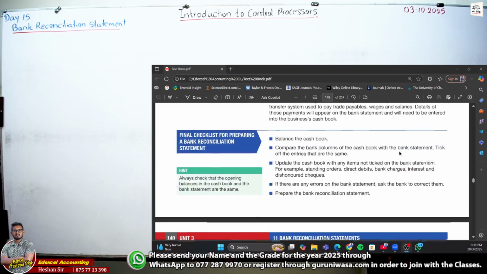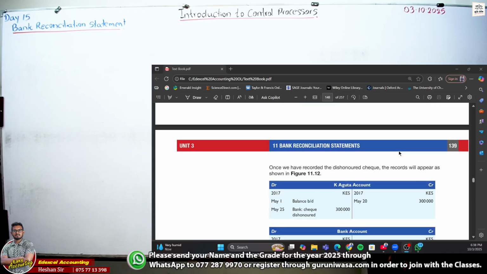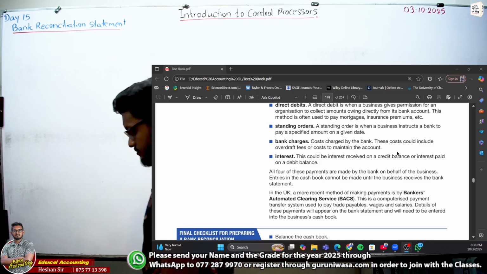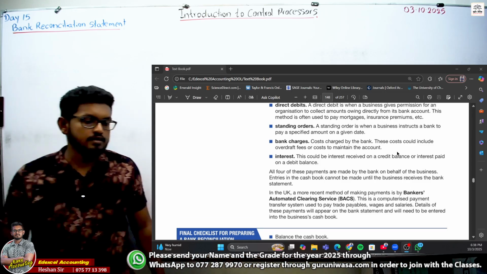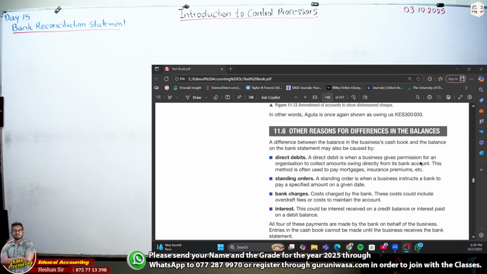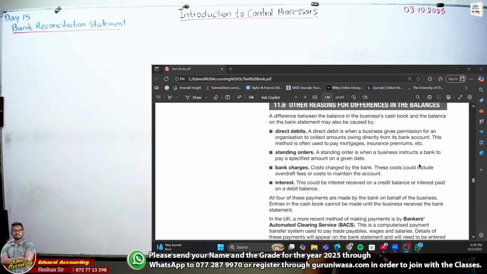Then turn to page number 139. Heading: other reasons for differences in the balances.